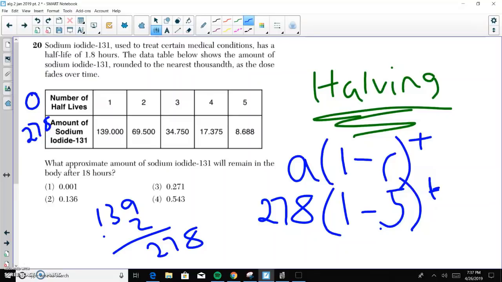And then time. Well, we know the time is going to be 18 hours. But we have to keep in mind it has a half-life of 1.8. So it's going to be 18 over 1.8.